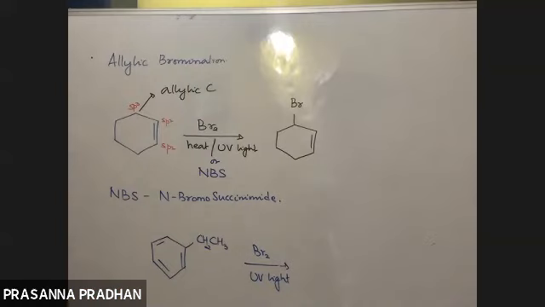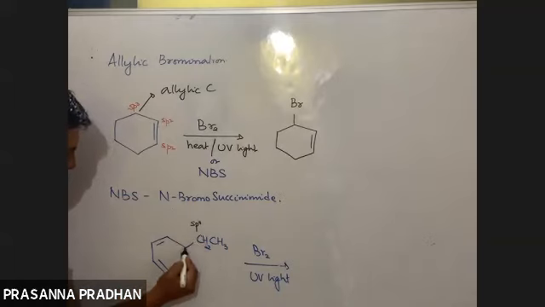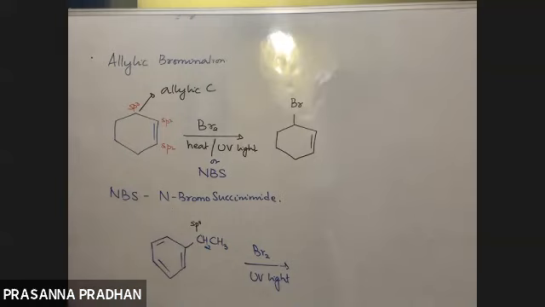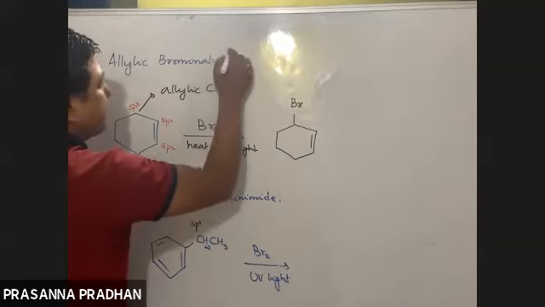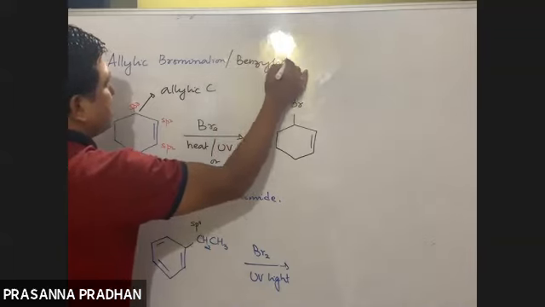And what is an allylic carbon? An sp3 hybridized carbon atom attached to an sp2 hybridized carbon atom. So here there is a benzylic carbon, and benzylic bromination can occur.